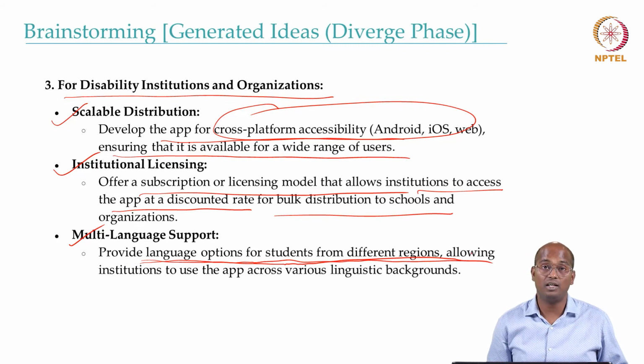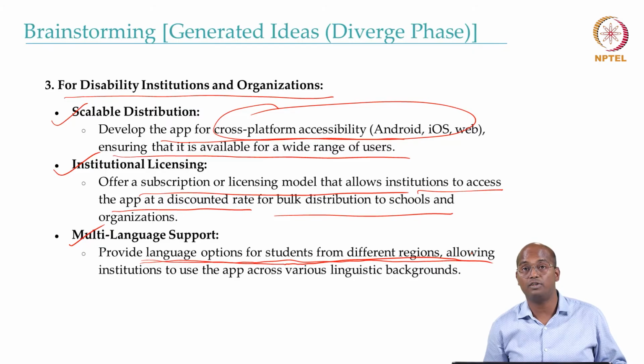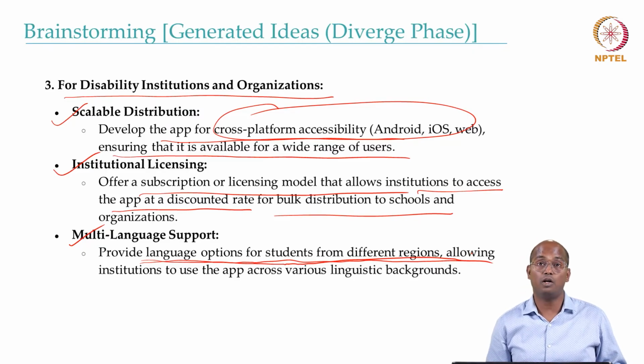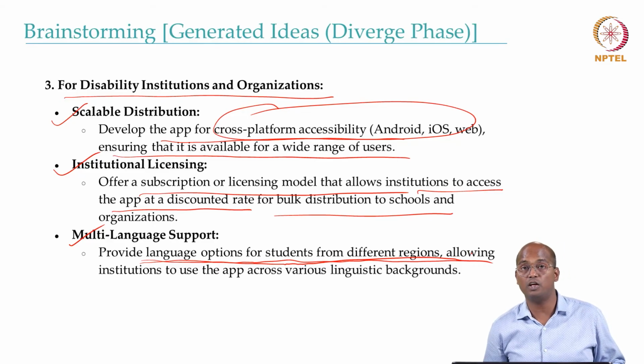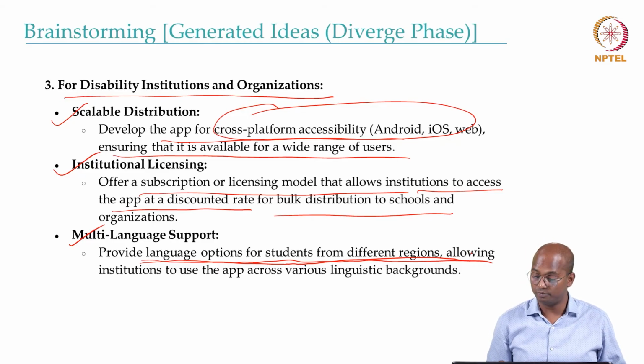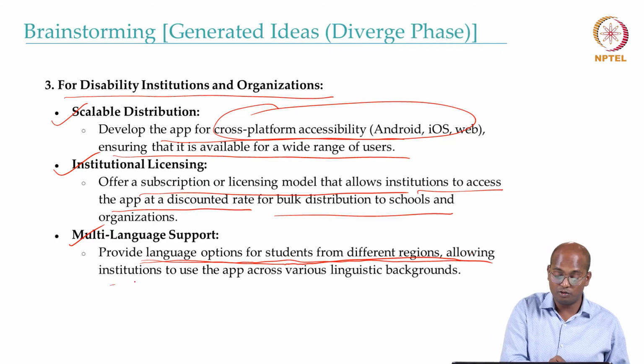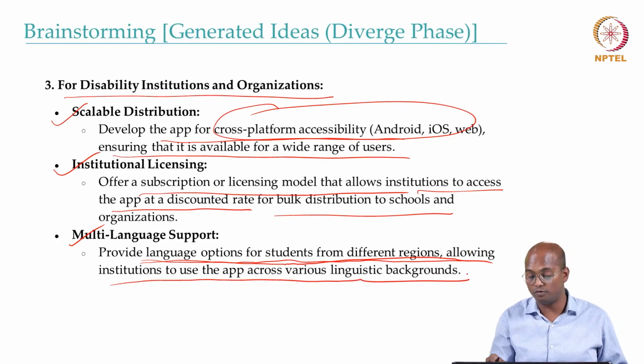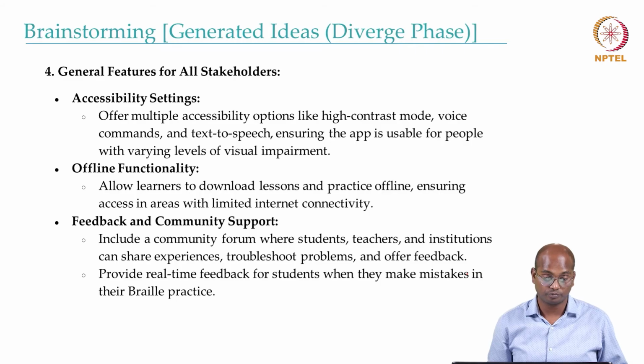For example, in India, we have more than 20 official languages and probably thousands of unofficial languages. We say that every 50 or 100 kilometers, the language and dialect change. So this allows institutions to use the app across various linguistic backgrounds.